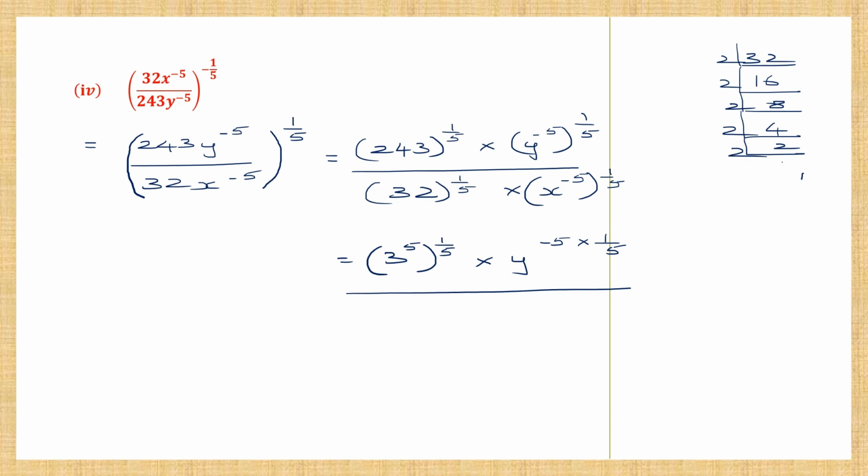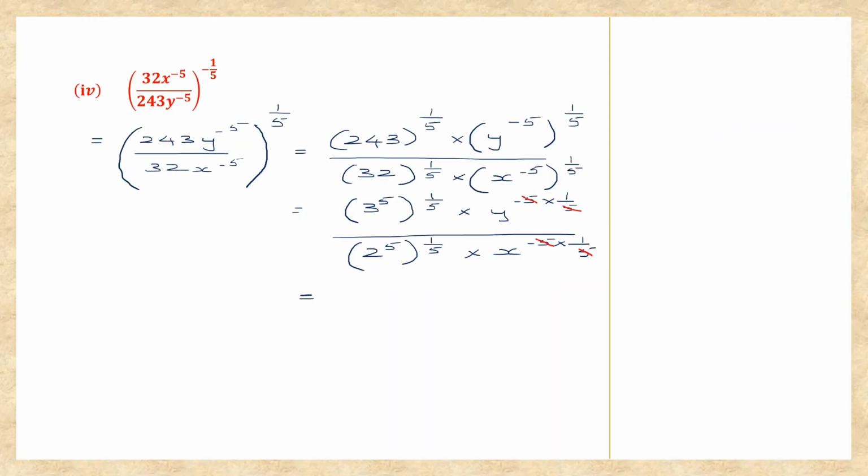And 2 1s are 2. So 32 can be written as 2 raised to the power of 5. So let's write that here. So this is 2 raised to the power of 5, which is once again raised to the power of 1 by 5 into x to the power of, let's use the power law, minus 5 into 1 by 5.